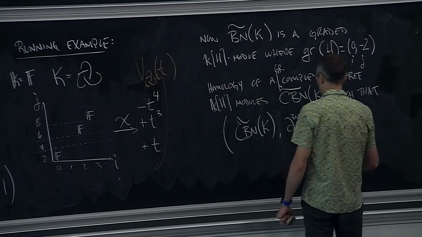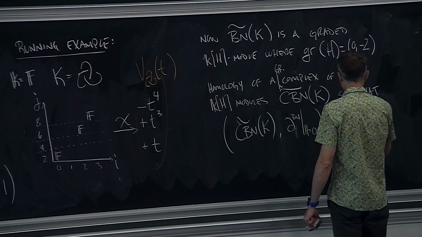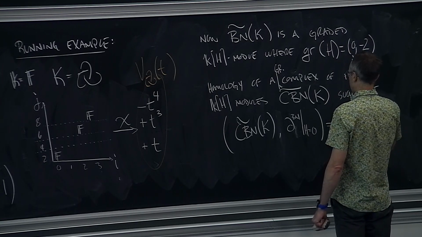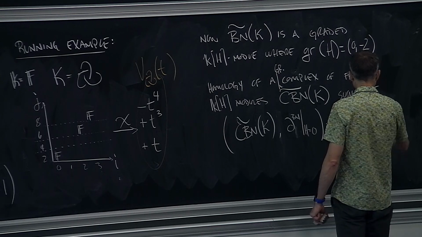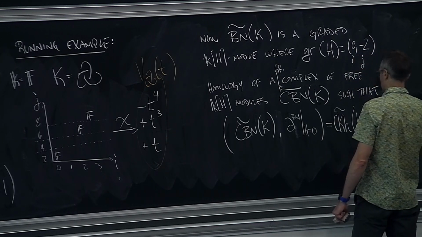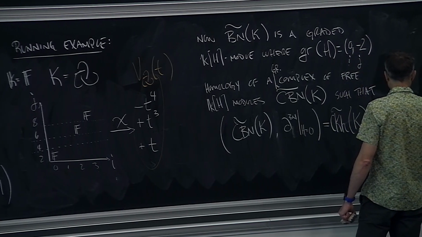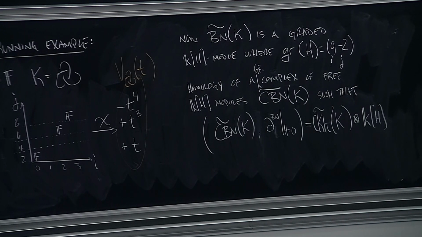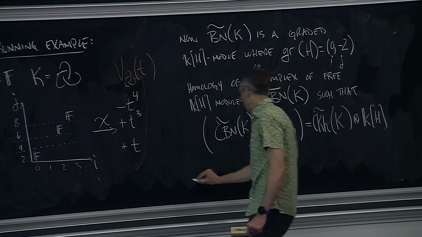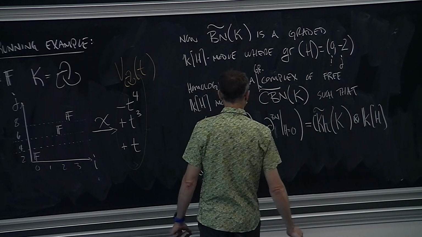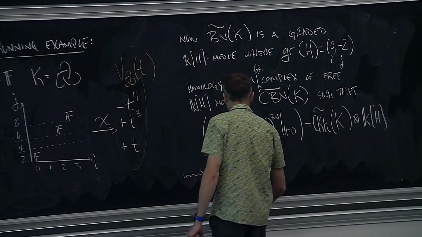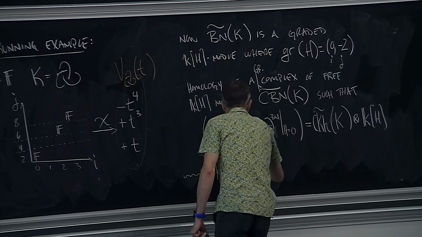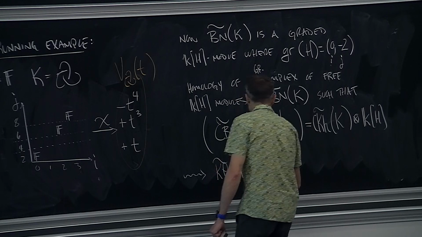What should I recover? This gives me back CKH of K, but tensored with KH. So it's not far away. What this tells you in the end is that if you want to recover Khovanov homology, then you can from this object.